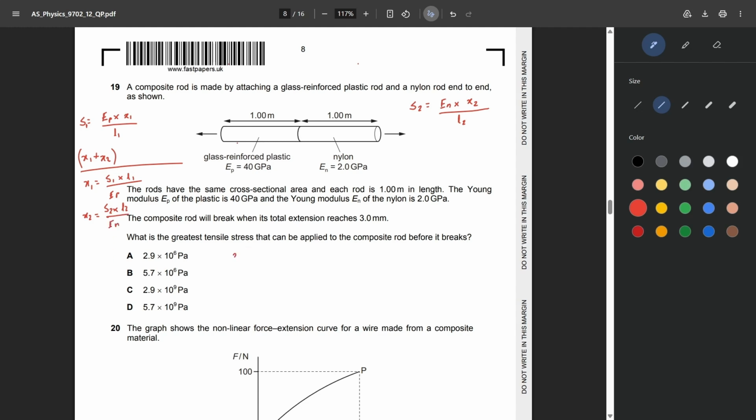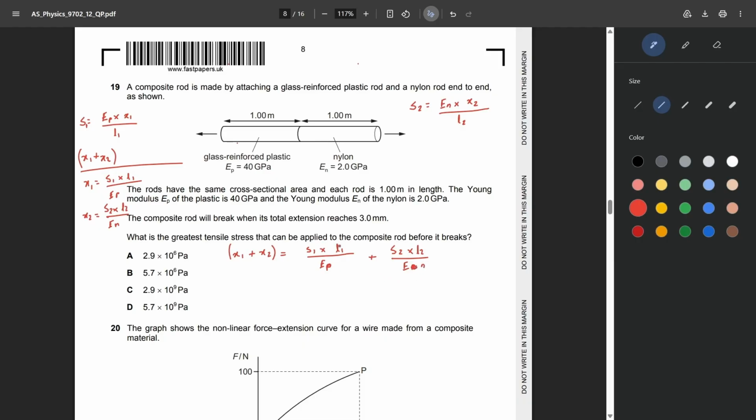So x1 plus x2, the total extension of the two rods, will be equal to S1 times L1 divided by EP plus S2 times L2 divided by En.